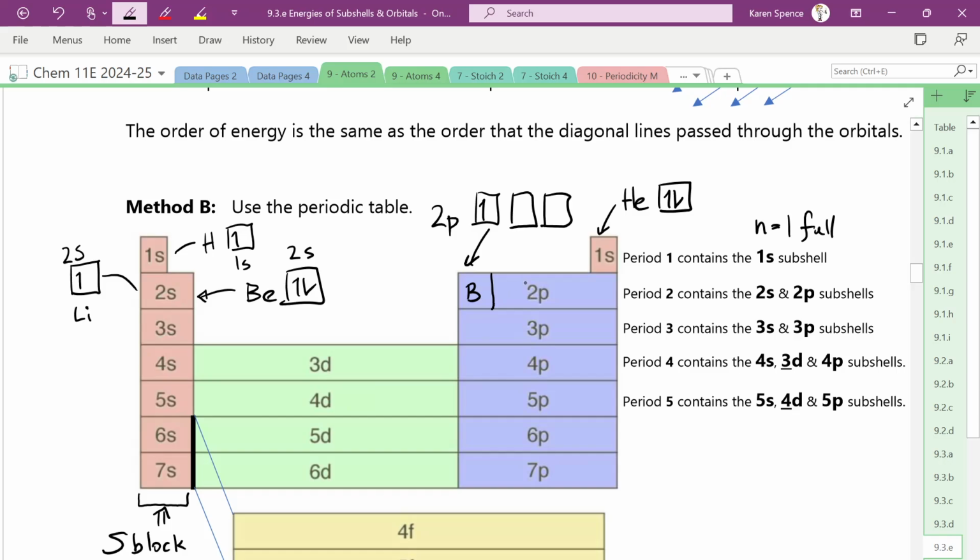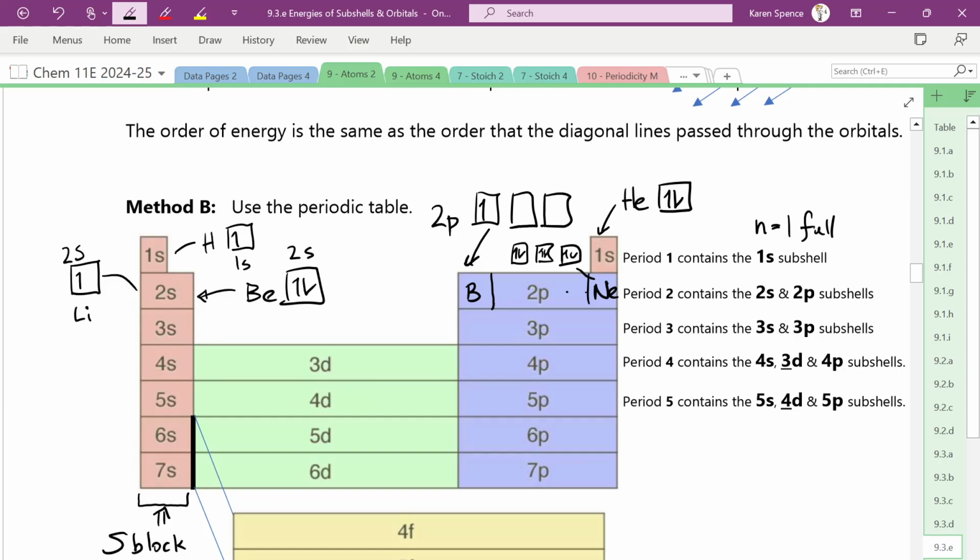And we go across filling up 2p2, 2p3, 2p4, 2p5, and when we get over to neon, neon is going to be 2p6. We have filled up all 6. So neon would look like this. I've got to write them really small. Okay? Full.